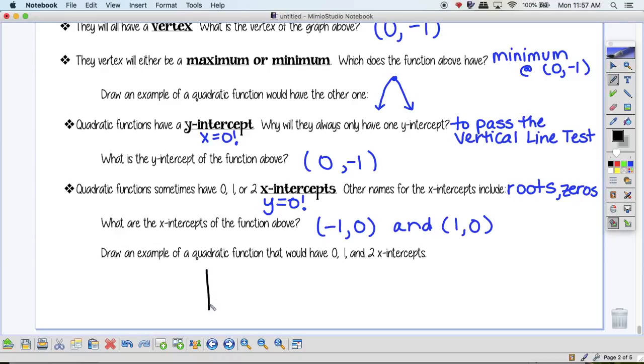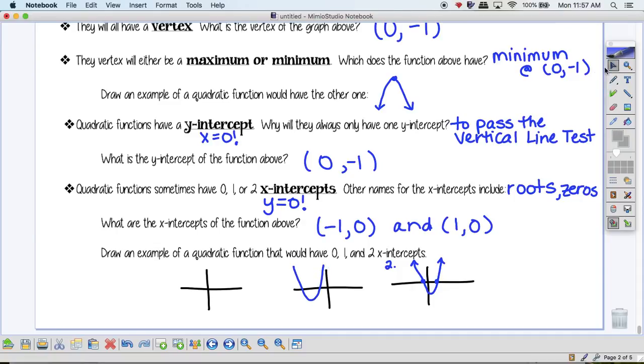So it says draw an example that would have 0, 1, or 2 x-intercepts. Okay, so I want you to draw 3 axes like that. We already saw what it looked like to have 2 x-intercepts. Okay, this was what it looked like when we had 2 x-intercepts. Let's think about how I could make a quadratic.